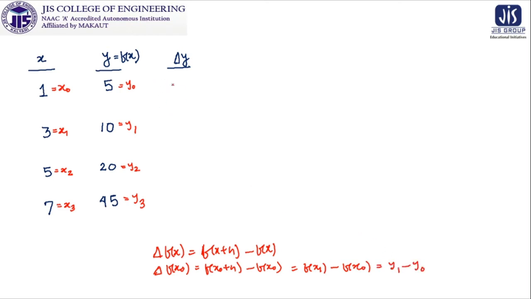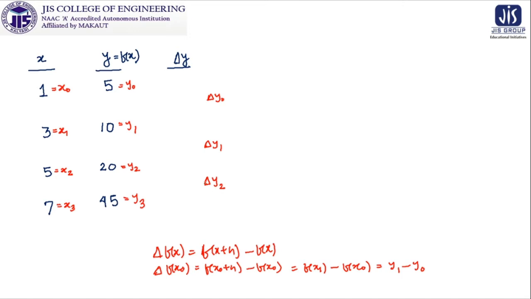So in this position, if I want to write del y0, that means I want to write the subtraction between them, and here I want to write del y1 and here del y2.